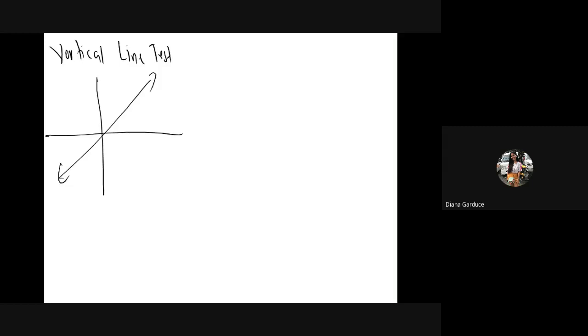The vertical line test says that when you draw a vertical line in any part of the Cartesian plane, it will only intersect the graph at only one point. When that happens, isang beses lang siya nag-touch doon sa graph. Then the graph is said to be a function.